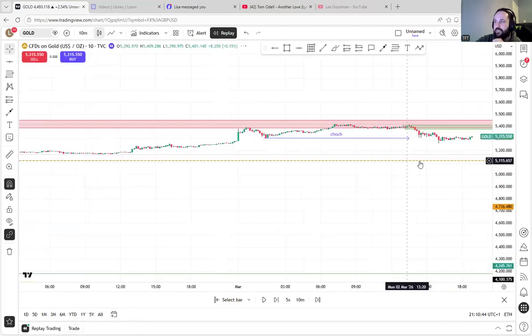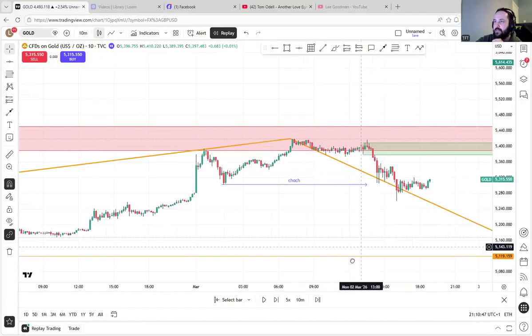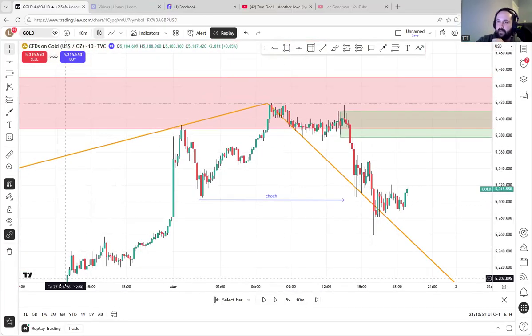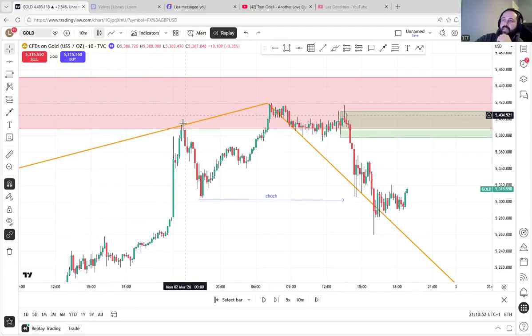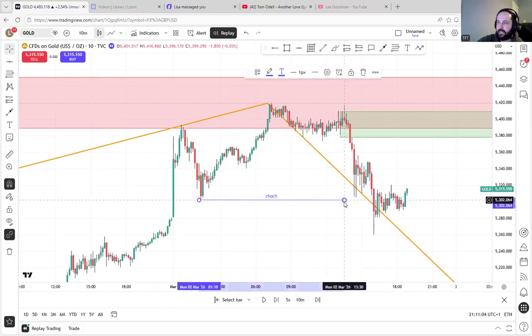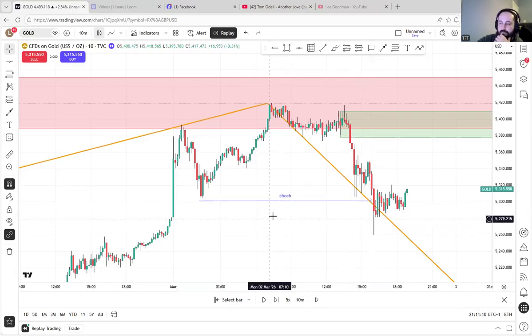So let's just have a look on any random time frame. If we zoom right in, we get a tap into the point of interest, we pull back. There's no break of structure here because this is all one leg. We then retake this high, so we've got bullish structures, and then this here is the first signal of reversal.